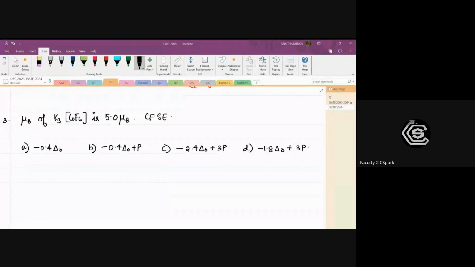Please try. Which of the following is correct? Now, first of all, you find the oxidation state of the metal.